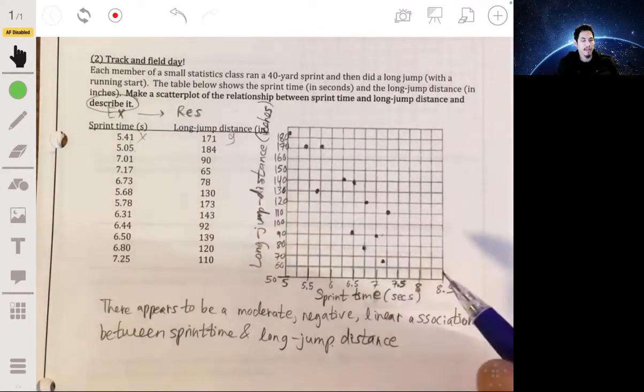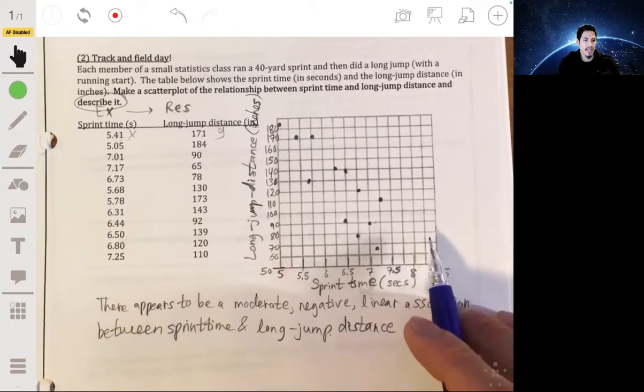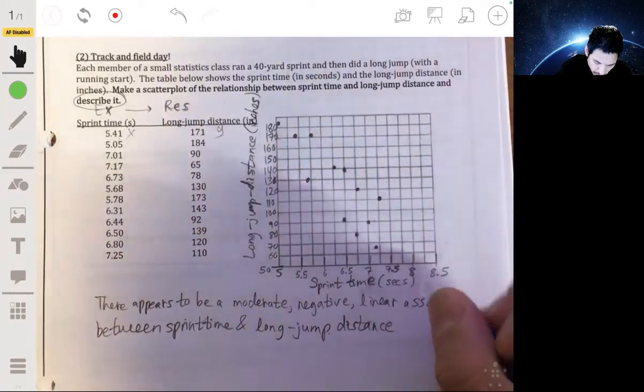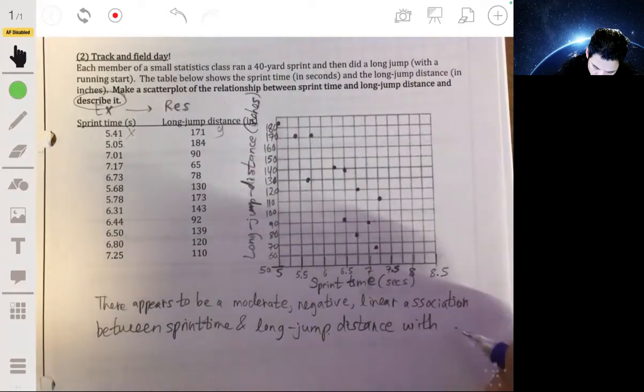And if there don't seem to be any obvious outliers, just say that. So we'll say with no obvious outliers.